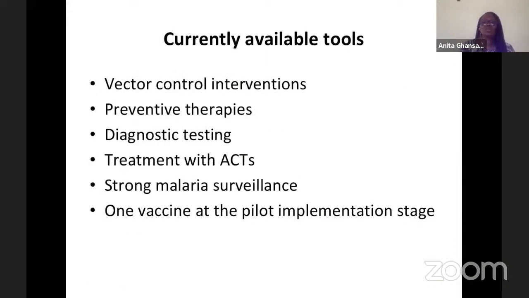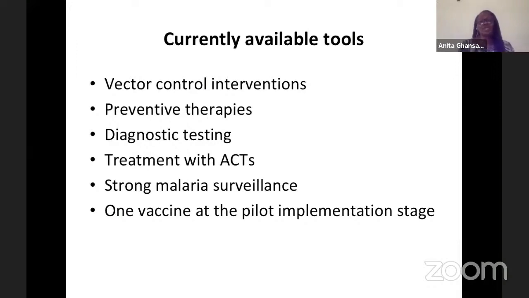We have vector control interventions like indoor residual spraying of homes, and then the use of bed nets. And this is targeted at the mosquito vectors. And we have preventive therapies for pregnant women and children who are living in seasonal transmission areas, and even for populations with seasonal malaria transmission in certain parts of Africa.